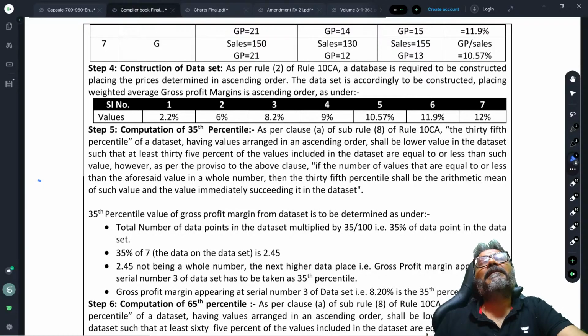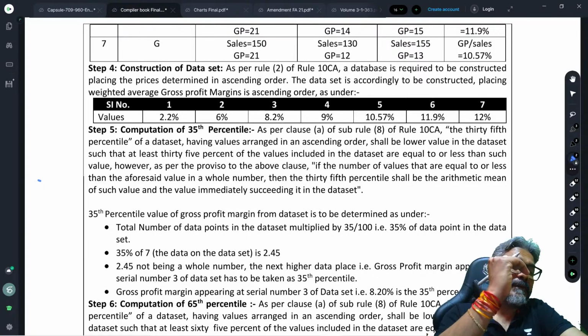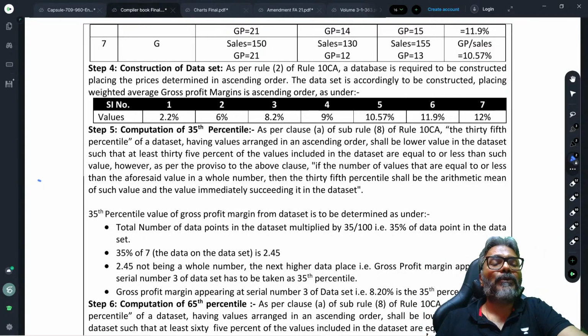So wherever the comparable size is 6 or above, the range concept is what will be applicable. With this range concept, students, you can see 2.2, 6%, 8.2, 9%, 10.5. As the first step, you have to arrange the data set in ascending order, lower to higher.